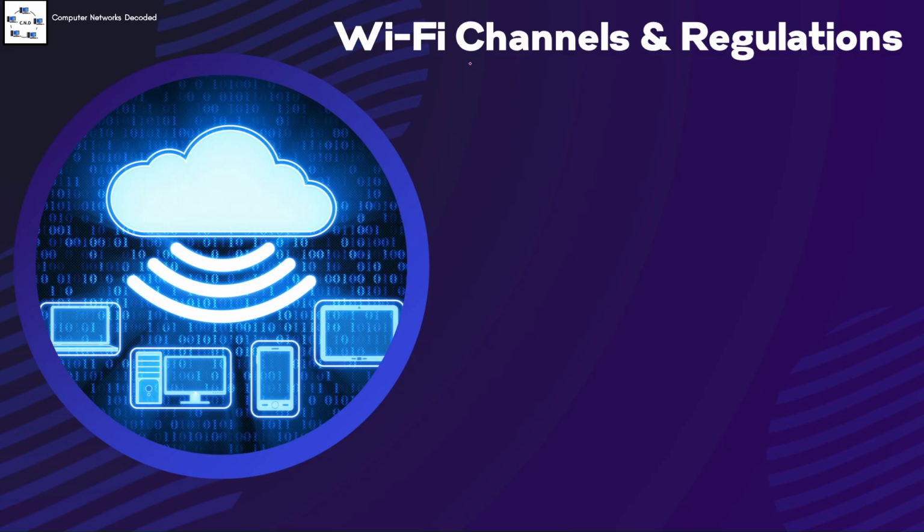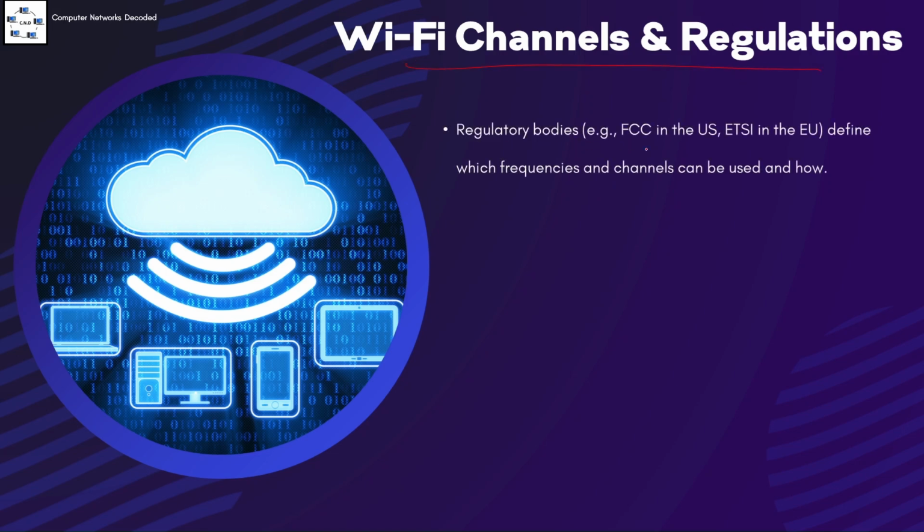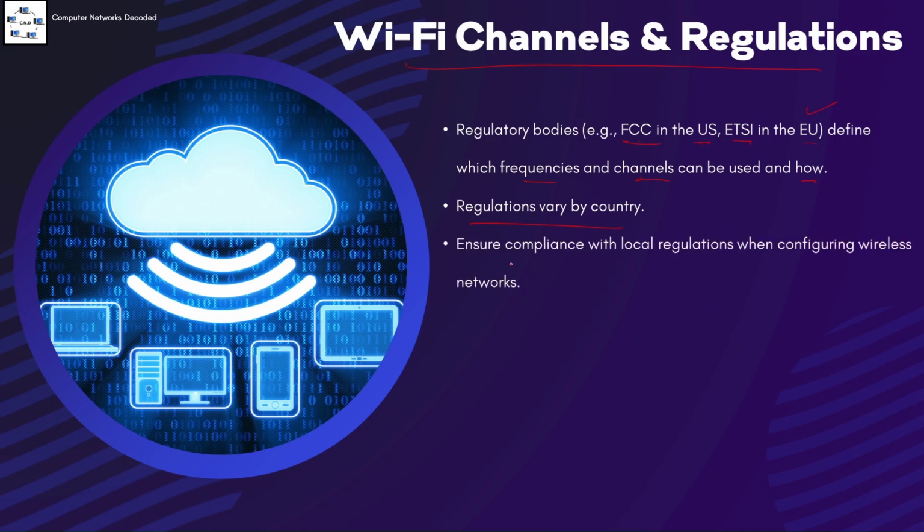So now coming over to Wi-Fi channels and regulations. Regulatory bodies such as the FCC in the US and ETSI in the EU, or European Union, basically define which frequencies and channels can be used for what purpose and how. Regulations vary by country, such as FCC in the US and ETSI in the EU.